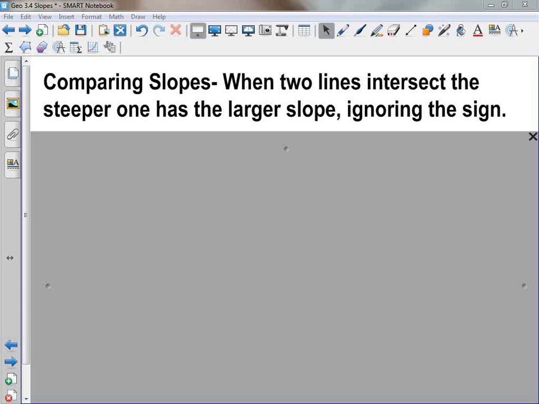Negative slope, right? And then Felipe, when he walks home, he walks up a hill, all right? What type of slope would that be? Positive, right? You're climbing a mountain to get home.